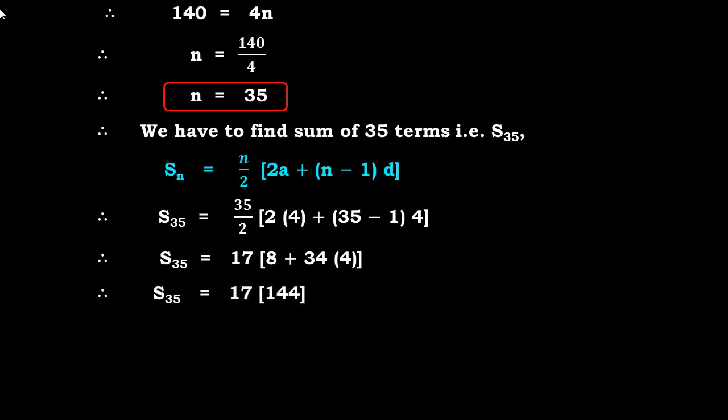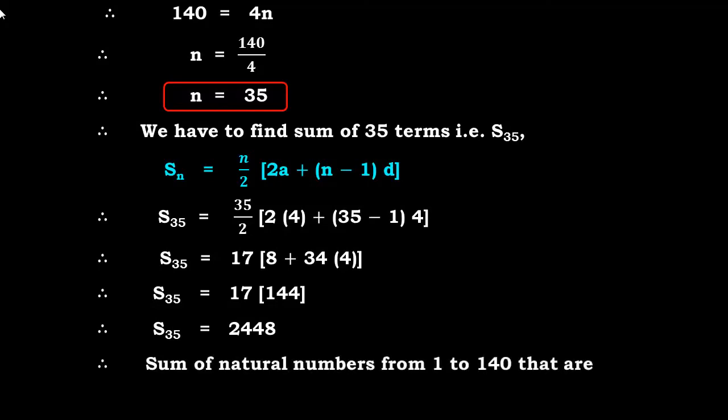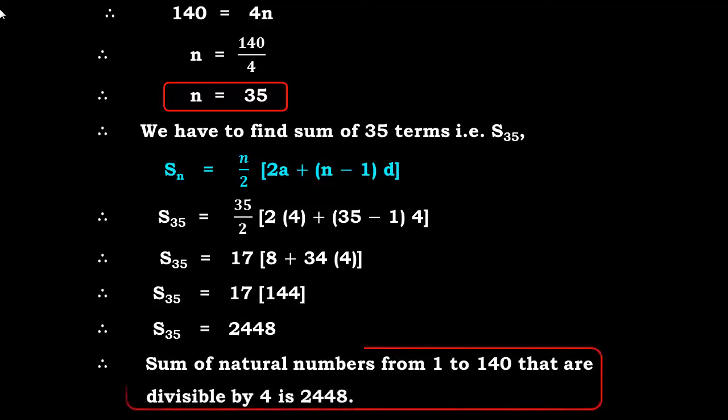So S35 is equal to 2448. So the sum of the natural numbers from 1 to 140 that are divisible by 4 is 2448.